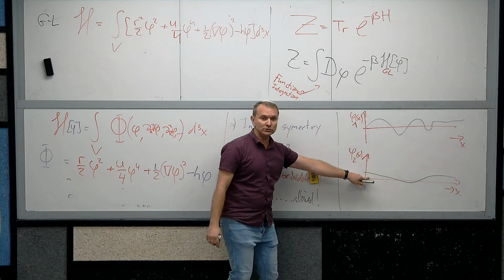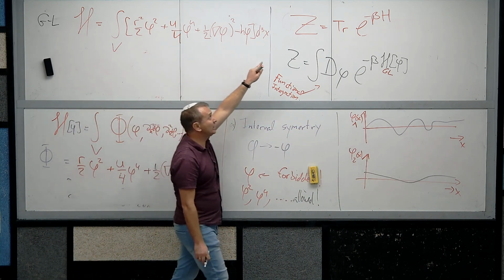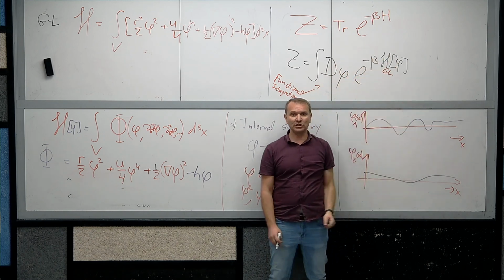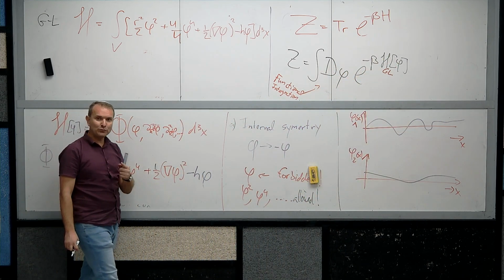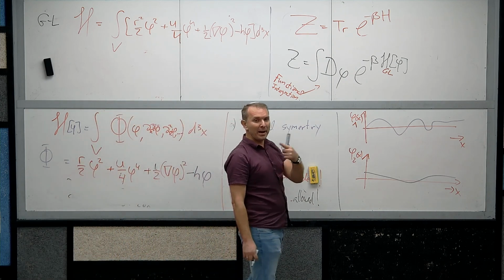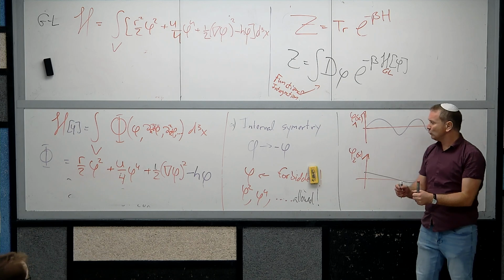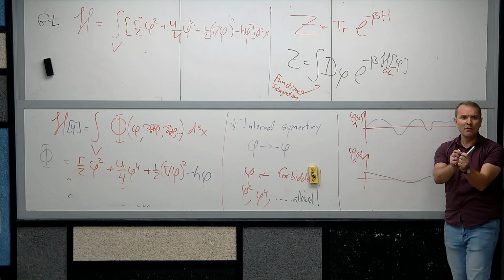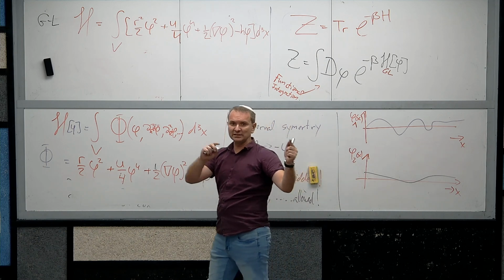I take this field, I plug it inside this integral, and I calculate another e to the power minus beta h. And I have to do this for any possible phi of x. Okay? So any possible not phi of x at a specific x, for all possible x's in my 3 dimensions, x's and y's and z.